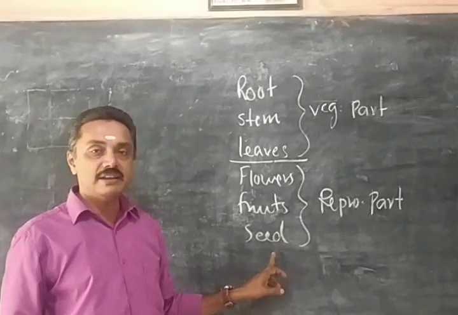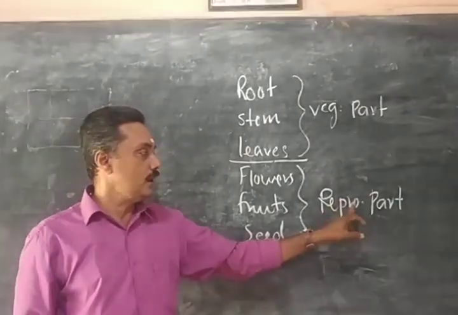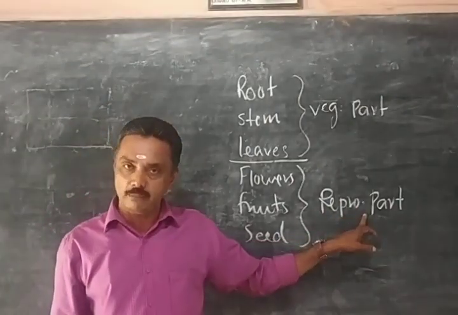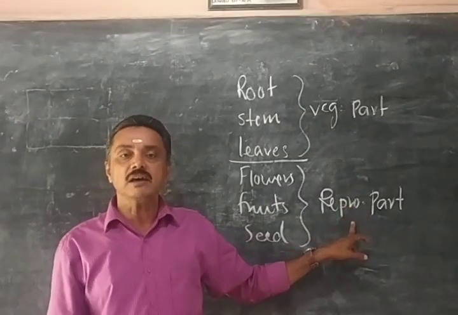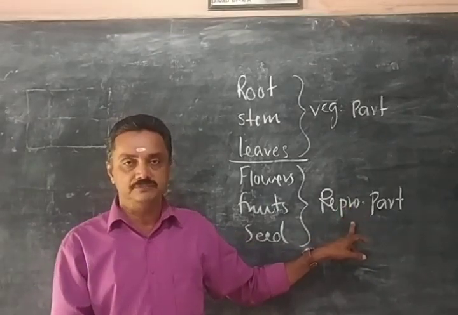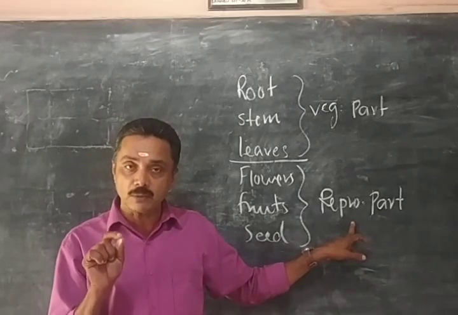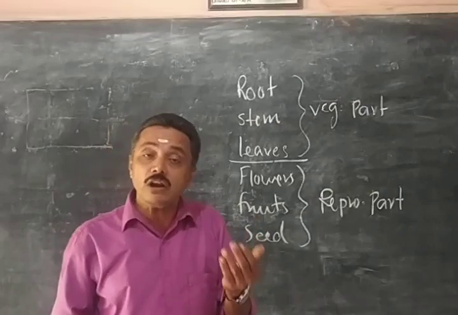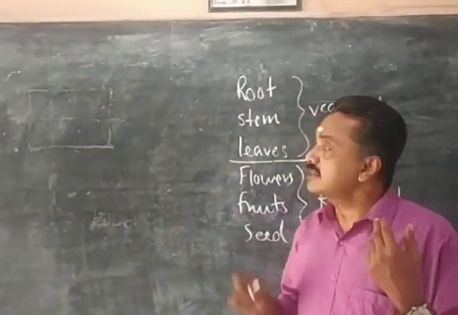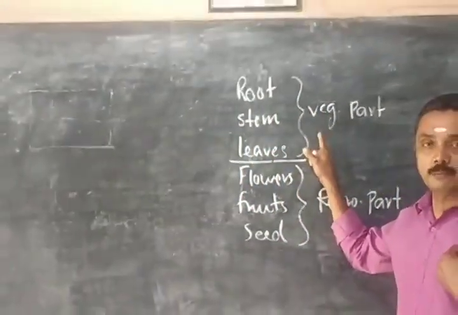Flower, fruit and seed are called the reproductive part of the plant body. Reproductive part means parts related to reproduction. Parts which are not related to reproduction are called the vegetative part of the plant body.